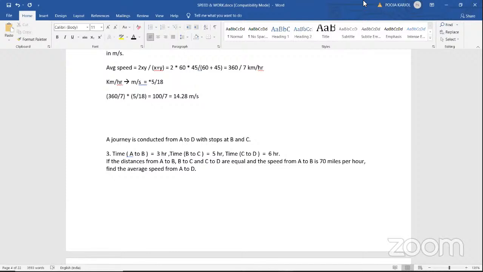Anybody needs time to solve this? Okay, I'll give 1 more minute, then we'll solve. Done, ma'am. 45. Yes, Ritika is correct.